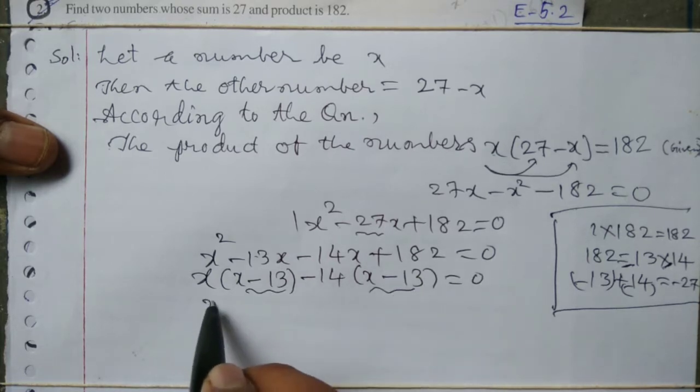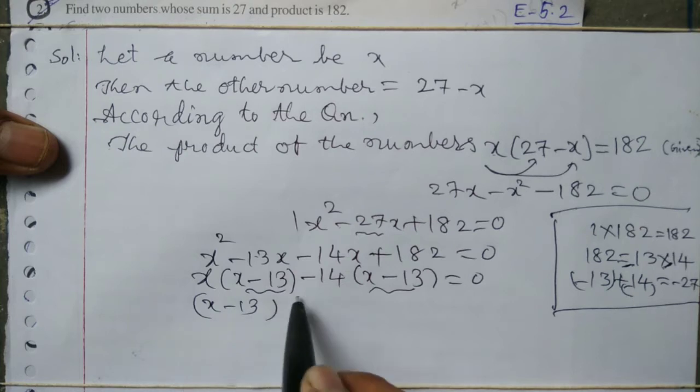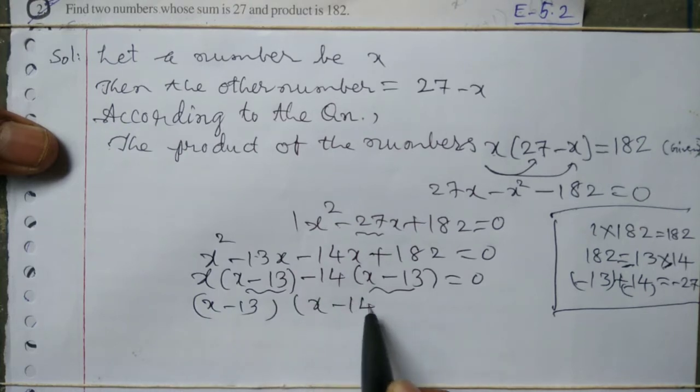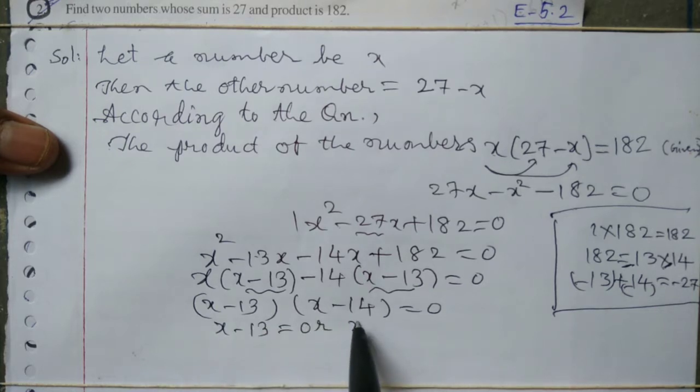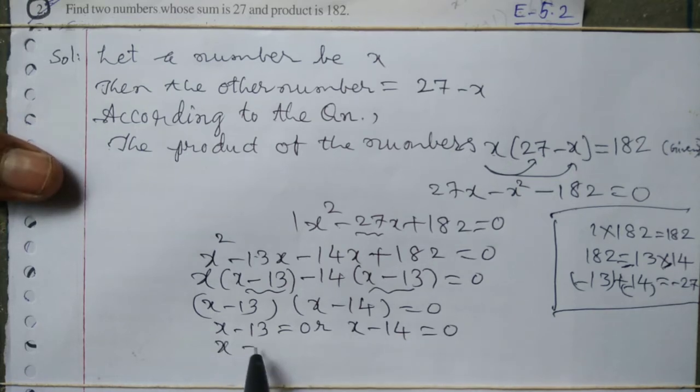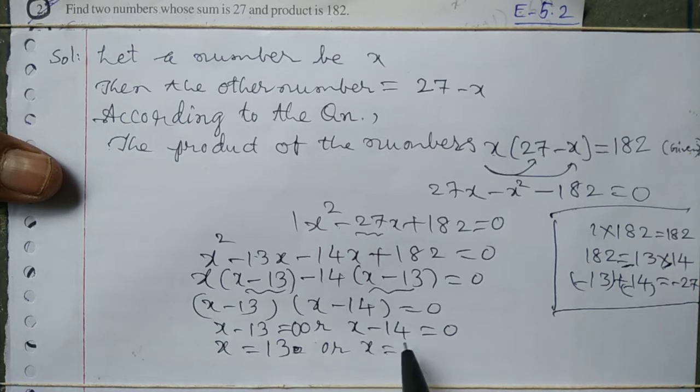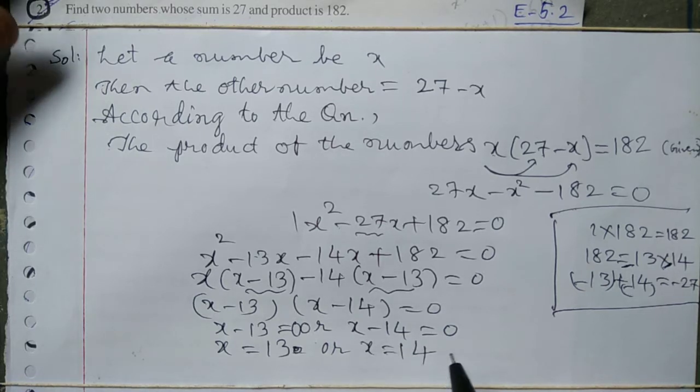Again x minus 13 is common, so x minus 14 is equal to 0. Therefore x minus 13 is equal to 0 or x minus 14 is equal to 0. x is equal to 13 or x is equal to 14.